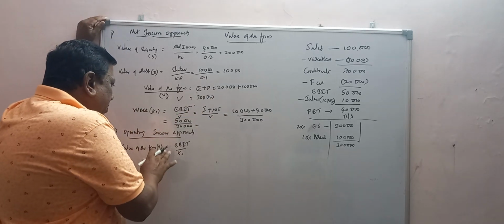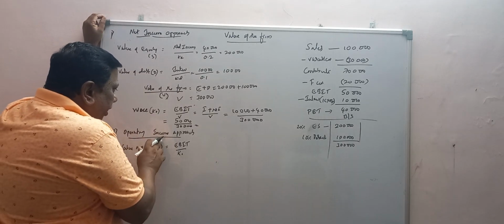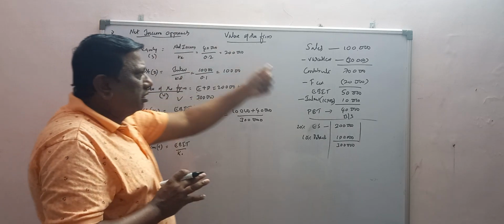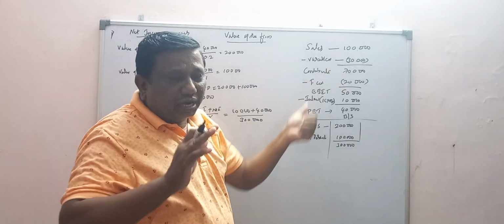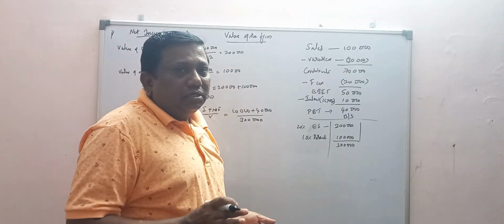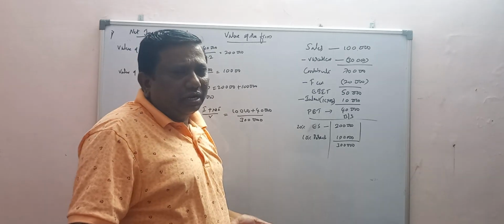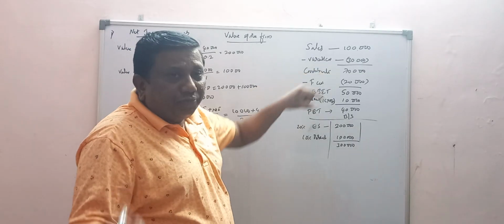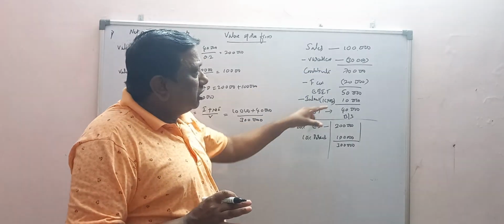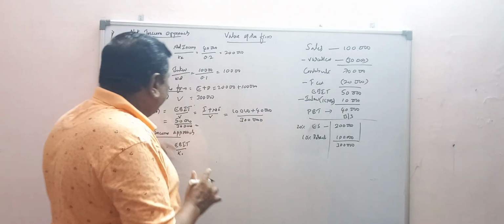Then the operating income approach. This is very simple. Operating profit is what remains after subtracting all business expenditure; later we subtract interest and everything else. Operating profit is 50,000.